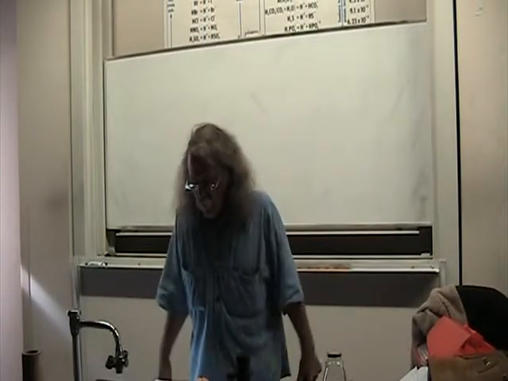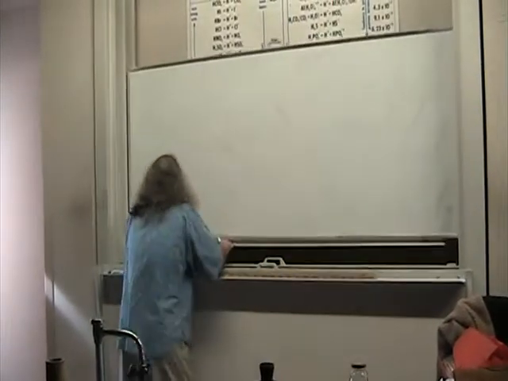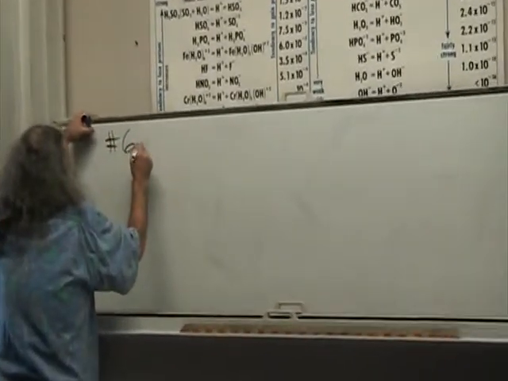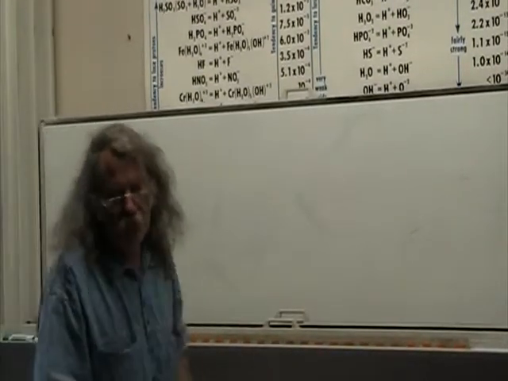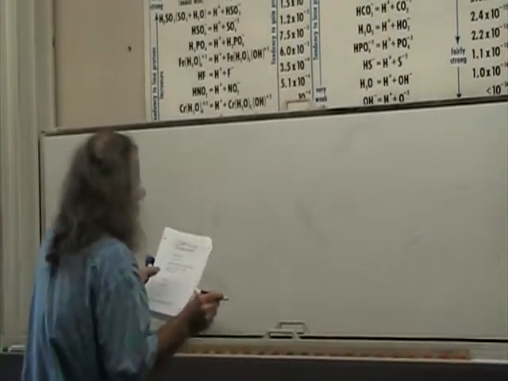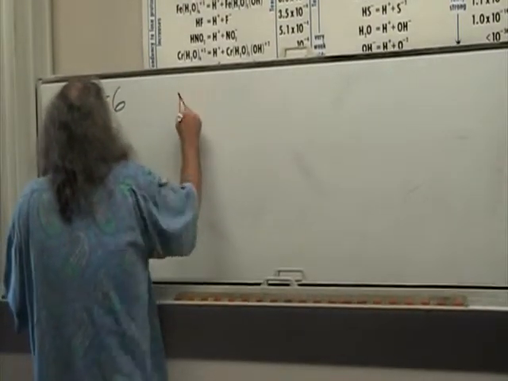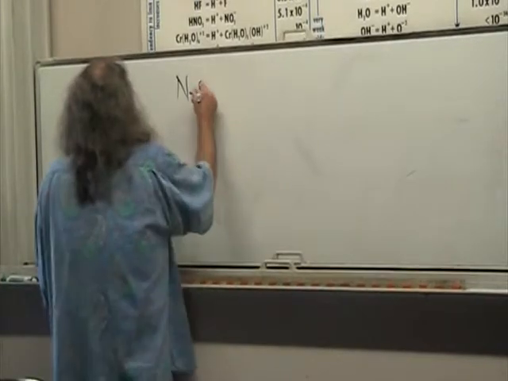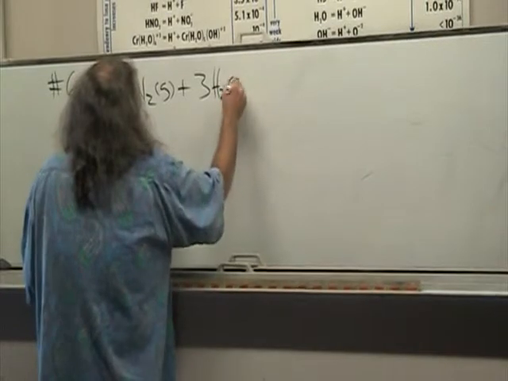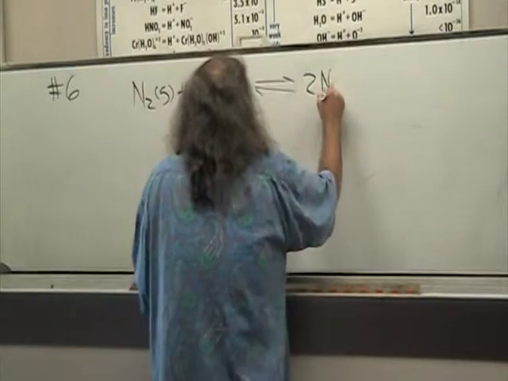Number 6. Oh, this one's going to be a little more tedious, but number 6 is: given the thermodynamic data for the synthesis of ammonia, the reaction is nitrogen gas plus 3 hydrogen gas in equilibrium with 2 ammonias.